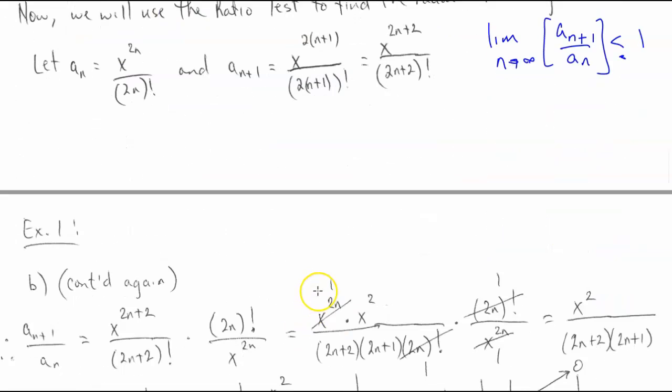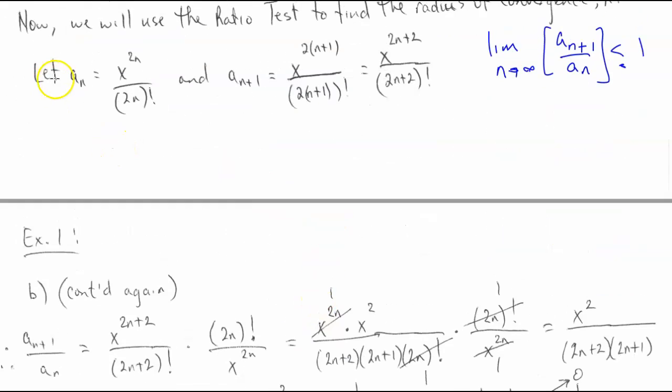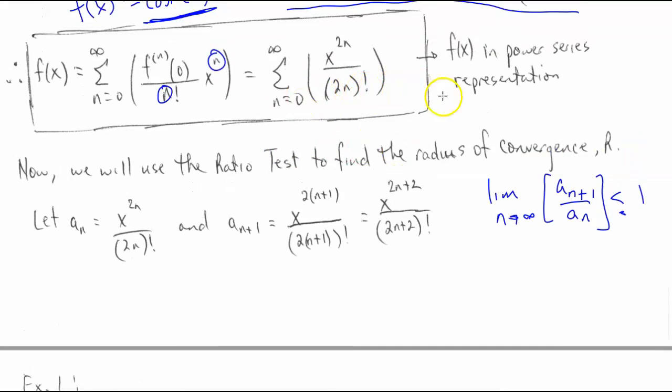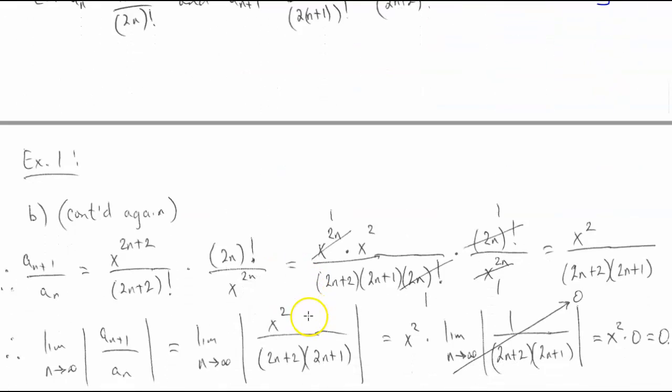So we figure out what our a sub n is, which is essentially the sequence for this series, and then a sub n plus 1, where wherever we see n, we replace it with n plus 1, and then we do the ratio of the two and take the limit as n approaches infinity.